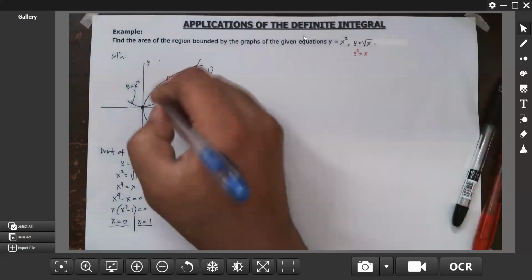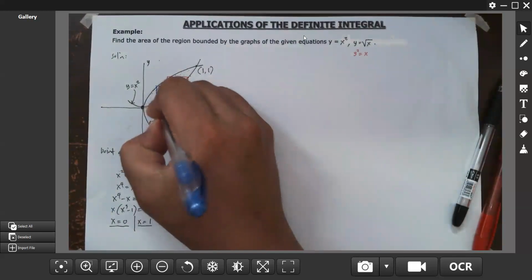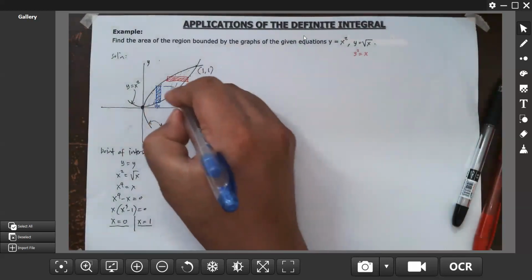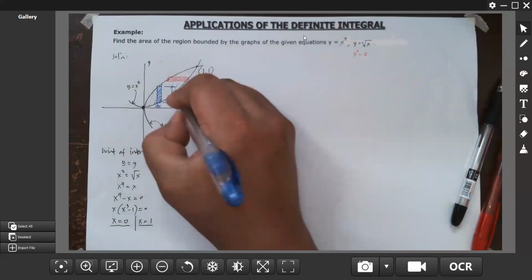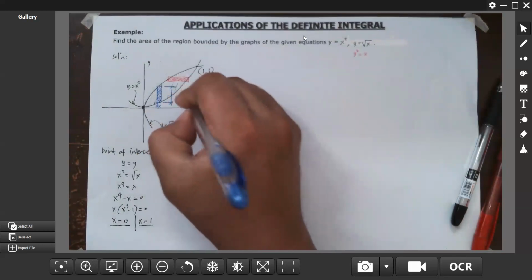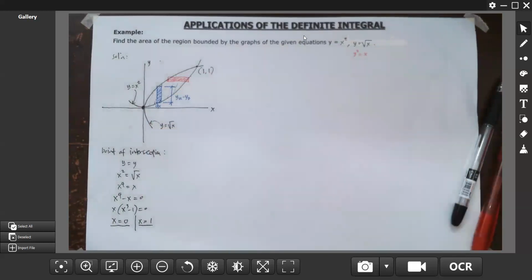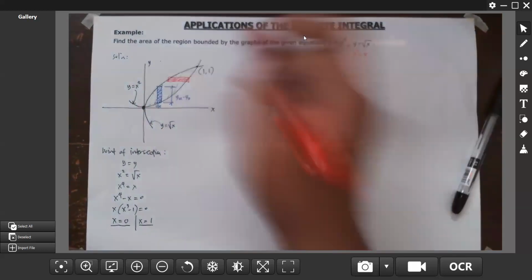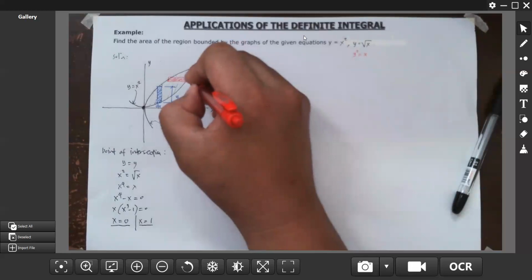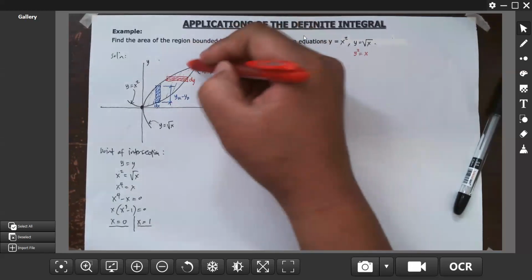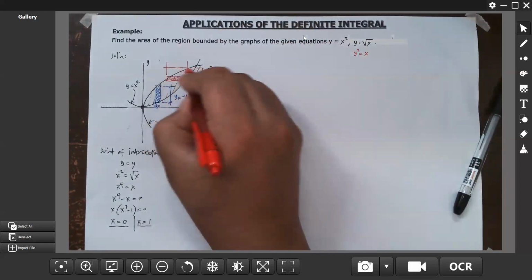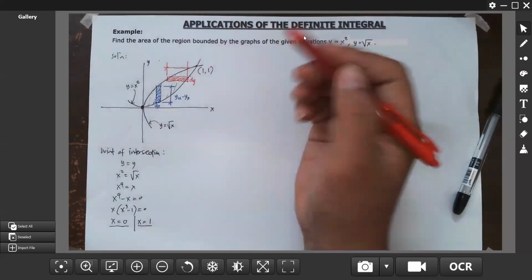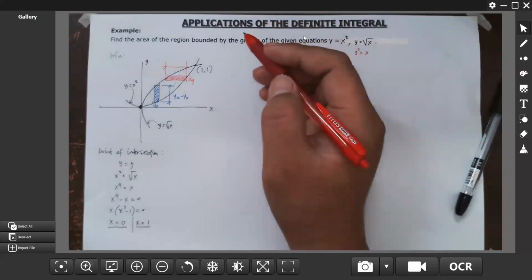For a vertical strip, we have dx, and the height of the strip will always be y up minus y down. For a horizontal strip, the thickness is dy, and for the length of the strip, we use the subscripts left and right.